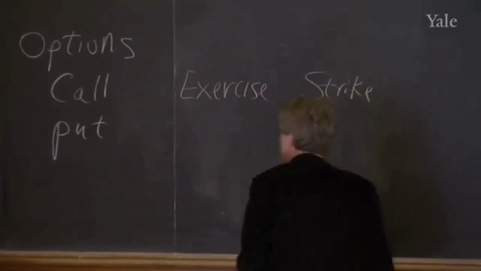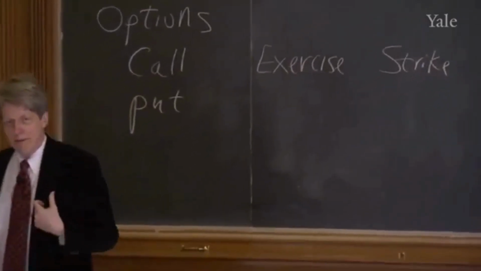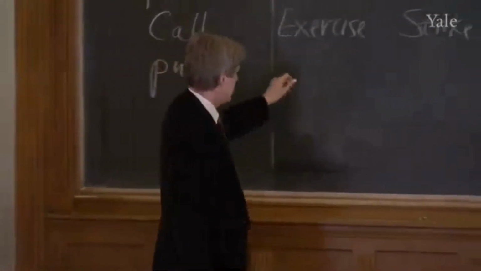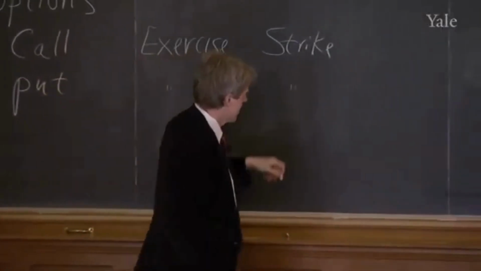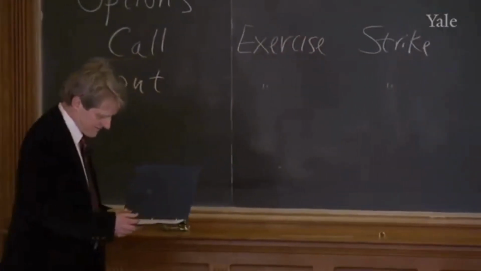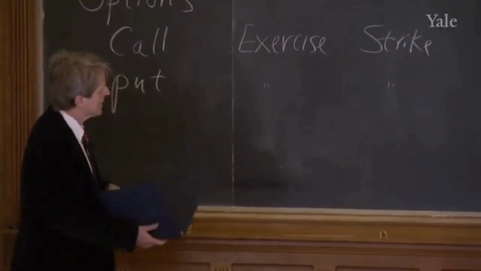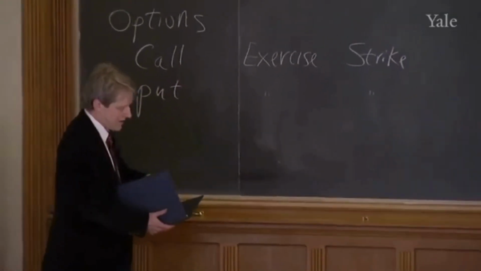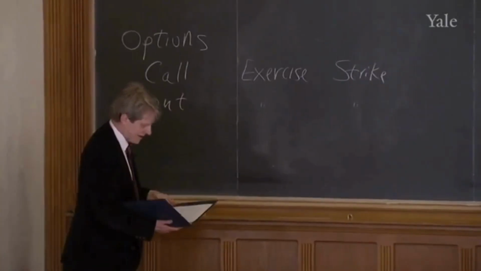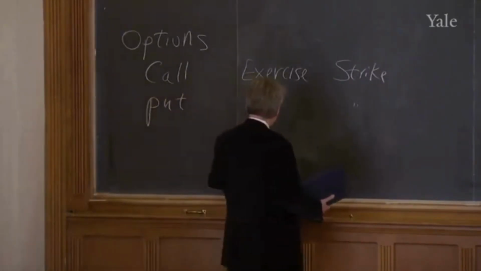Those are synonyms. And a put option is the right to sell something at the specified exercise price. And it has another term that has to be specified, and that's the exercise date.